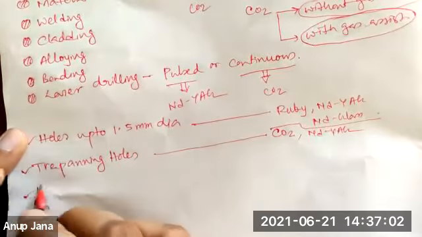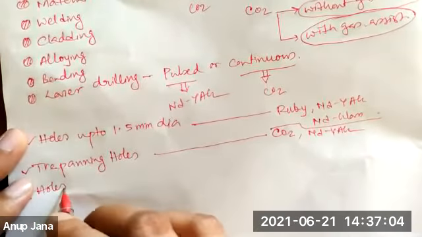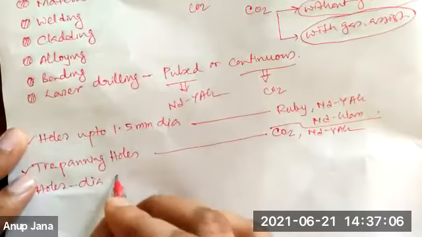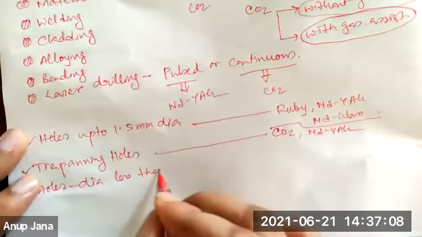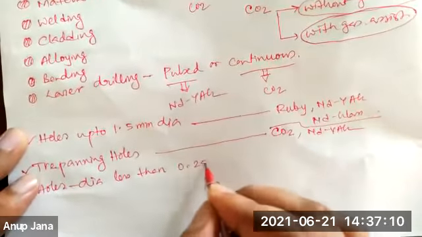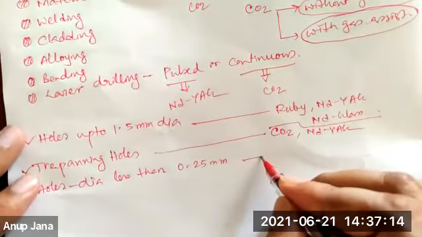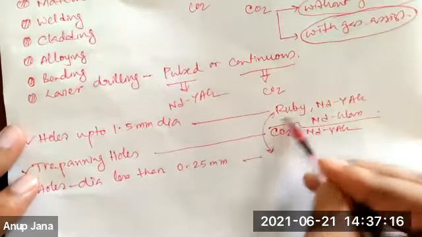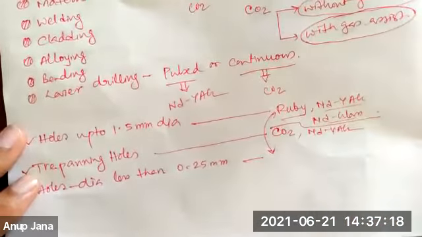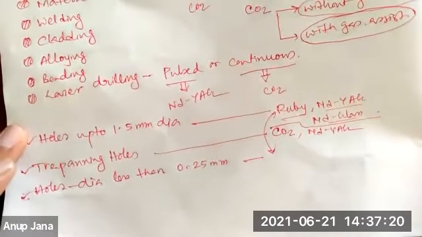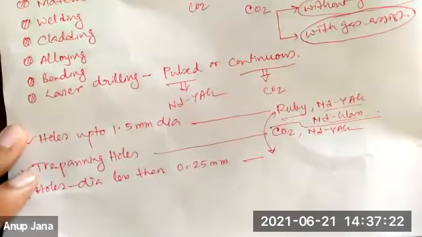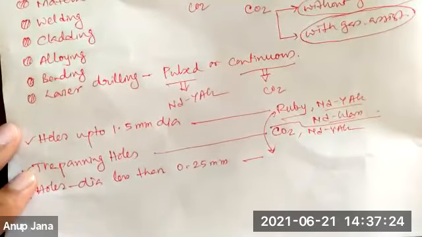Now, holes with dia less than 0.25 mm. In that case, once again, we can use all these three lasers: NdYAG, ND glass, ruby laser. So these all we can use.